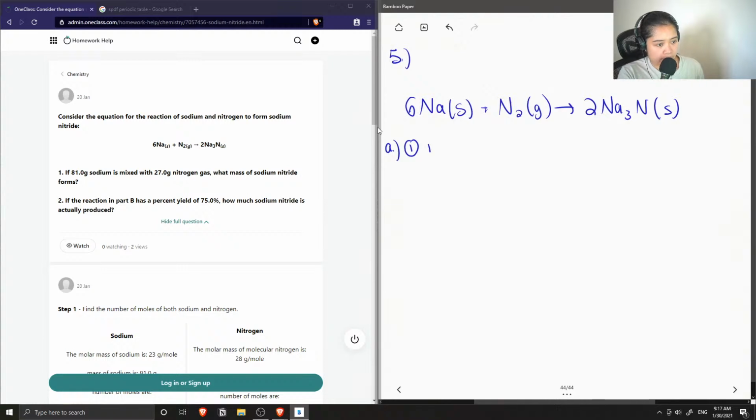To calculate the number of moles, it's going to be the mass over the molar mass. We know the mass of sodium was 81 grams, and the molar mass of sodium we can find on the periodic table. It's 22.99 grams per mole.